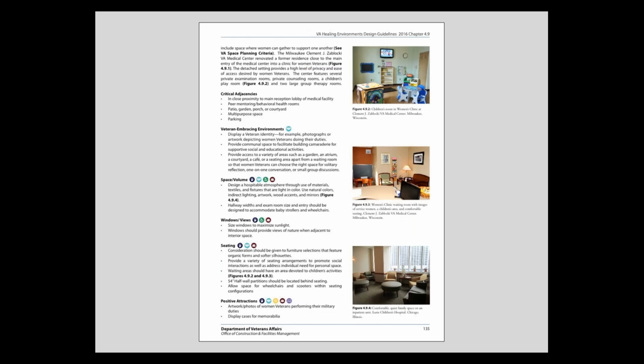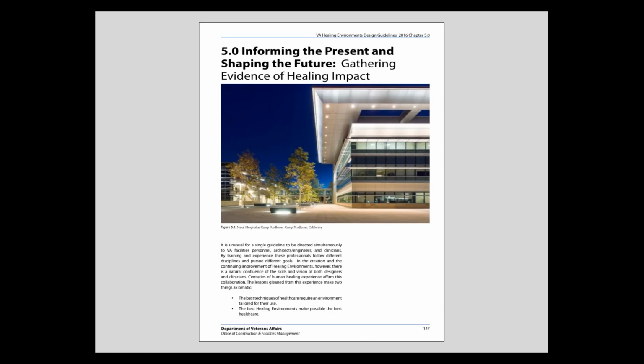Next. With details of the images on the right showing the interior. It's just a fabulous place. Women feel safe there, and they feel that they can obviously get their care in an efficient manner.